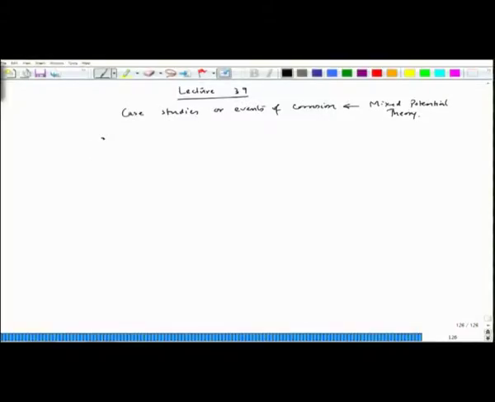So, we have 2 situations: one is eta equal to beta log I by I0, another one is eta equal to 0.0591 by n log (1 minus I by I max).